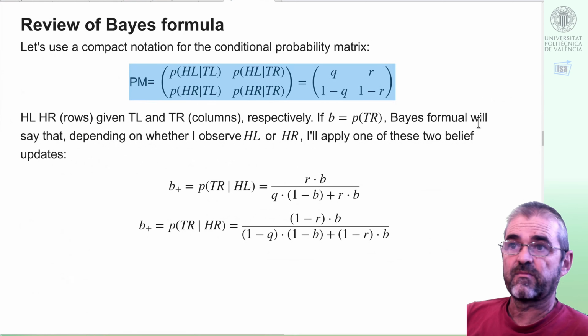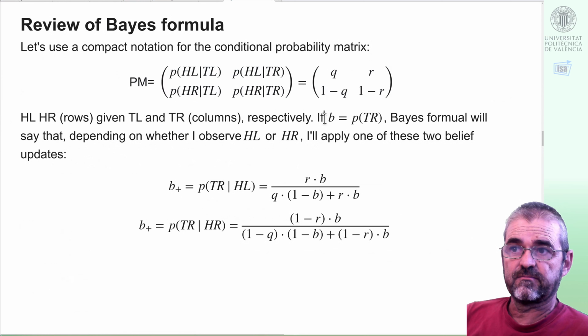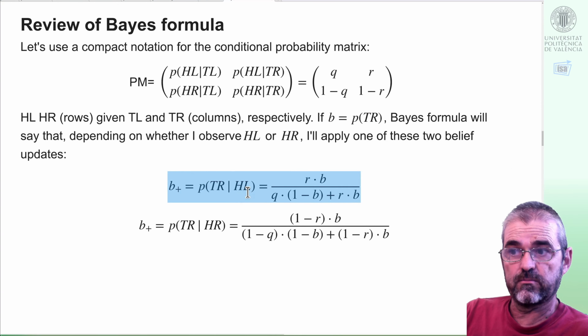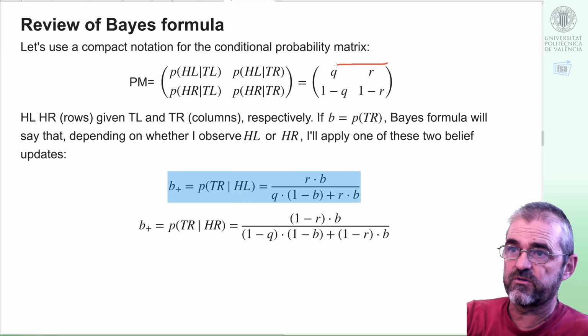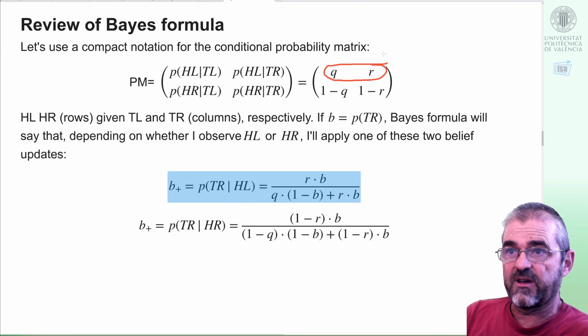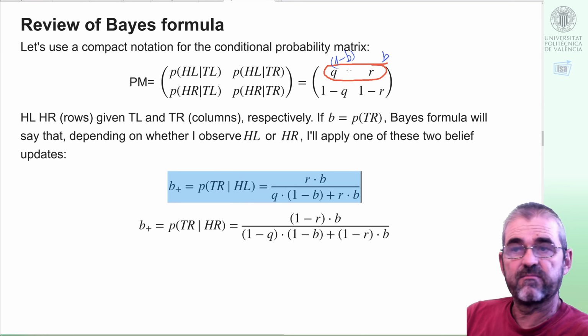In particular, if we have this conditional table and the prior belief on tiger being right, denoted by lowercase b, I can apply the Bayes formula to give me the posterior probability of the tiger being right, given that I actually heard the tiger roaring at the left-hand side door, in which we use this row of the conditional to form the joints, multiplying by b and 1 minus b, the belief on tiger right or left.